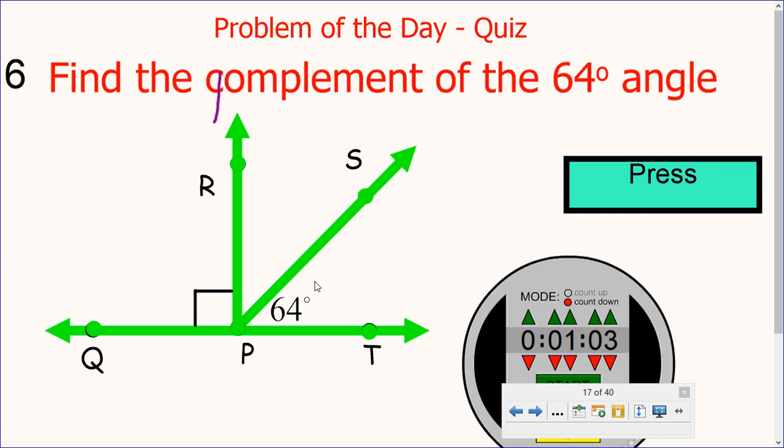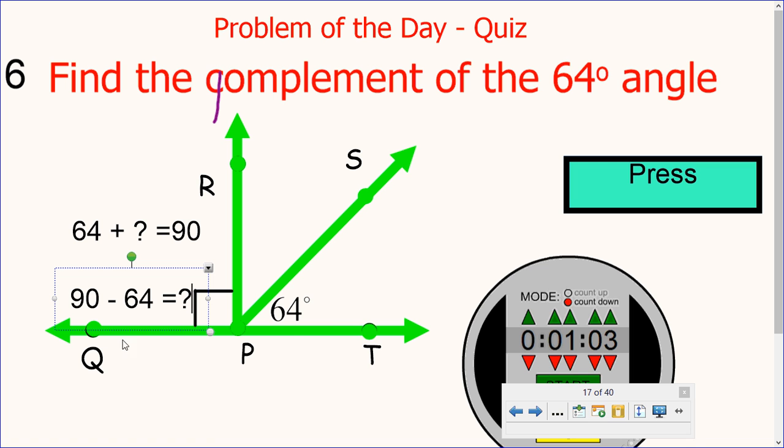So I have 90 degrees is what my sum is supposed to be equal to. So far I got 64, and I got to add together to some other angle to equal to 90 degrees. So what I'll do is I'll take a shortcut. Instead of adding, I'll subtract. 90 minus 64 degrees, that'll equal the other angle, and that'll give me my answer.